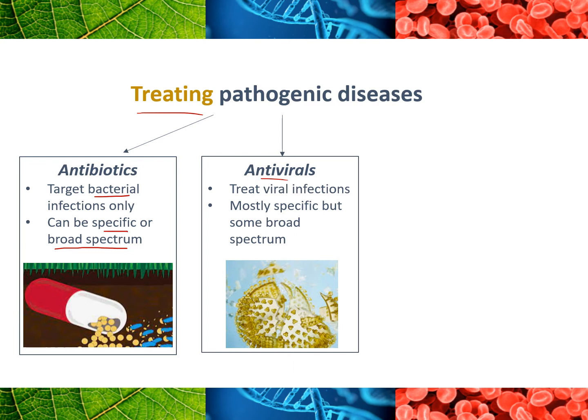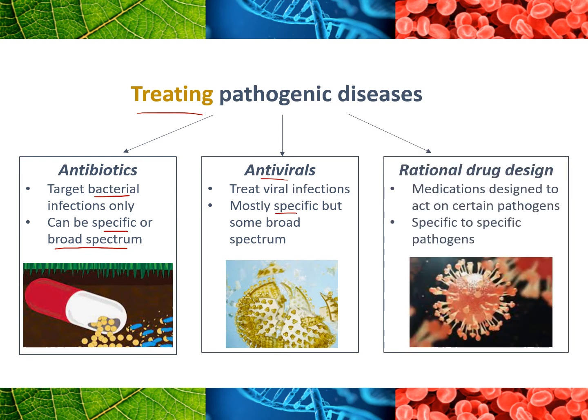These are mostly specific to certain viruses, but there are some that have a more broad spectrum action. And then finally, we're going to look at this thing called rational drug design. And this is the process of creating medications that are designed to act on certain pathogens. So these are always specific to certain pathogens and their molecules.